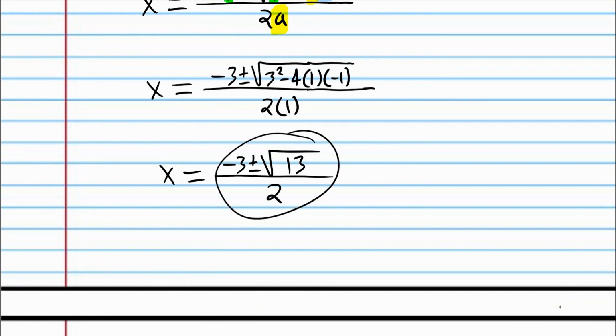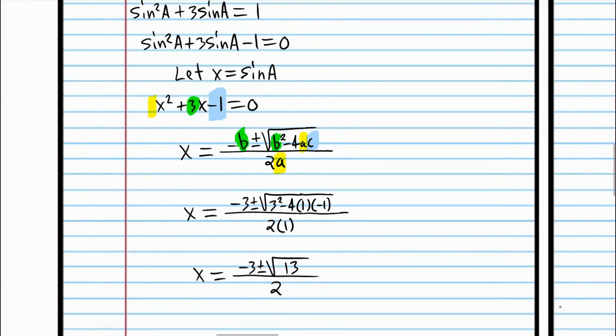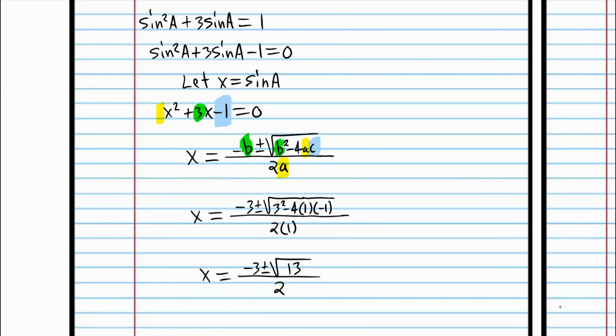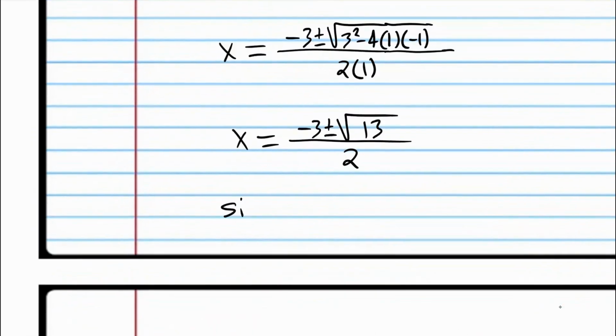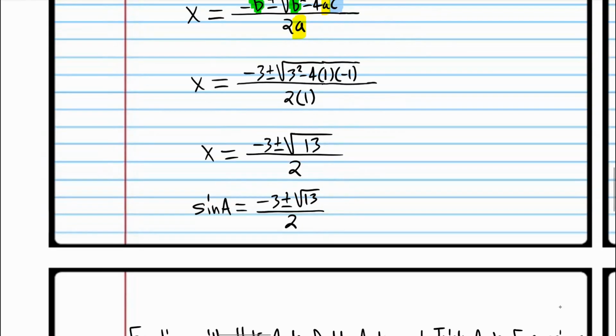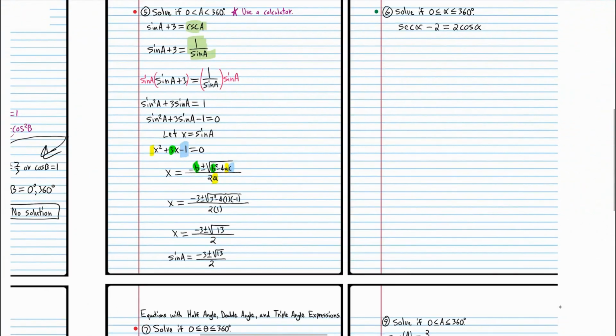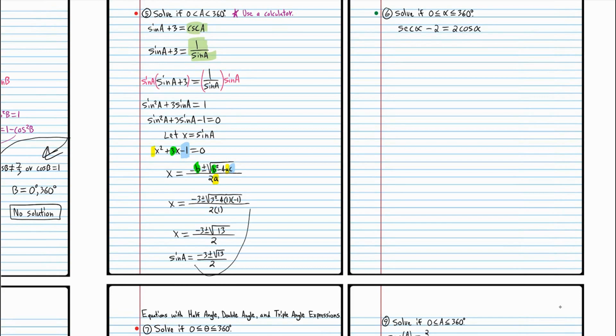X is equal to this expression. But we don't care about what x is equal to. We want to know what sine is equal to. X is equal to sine A. So we're going to let x be sine A. And now we have two equations, so I'm going to move up here. We're out of room, obviously.